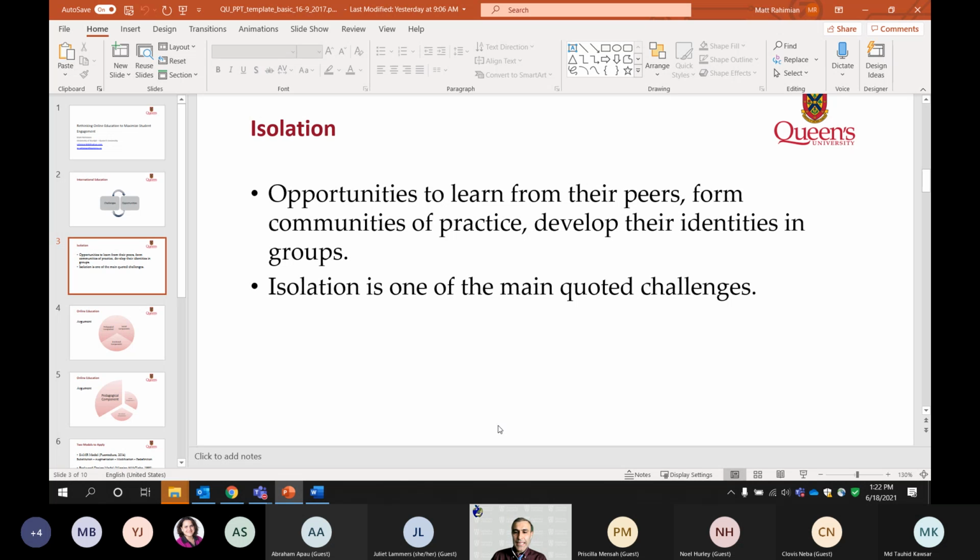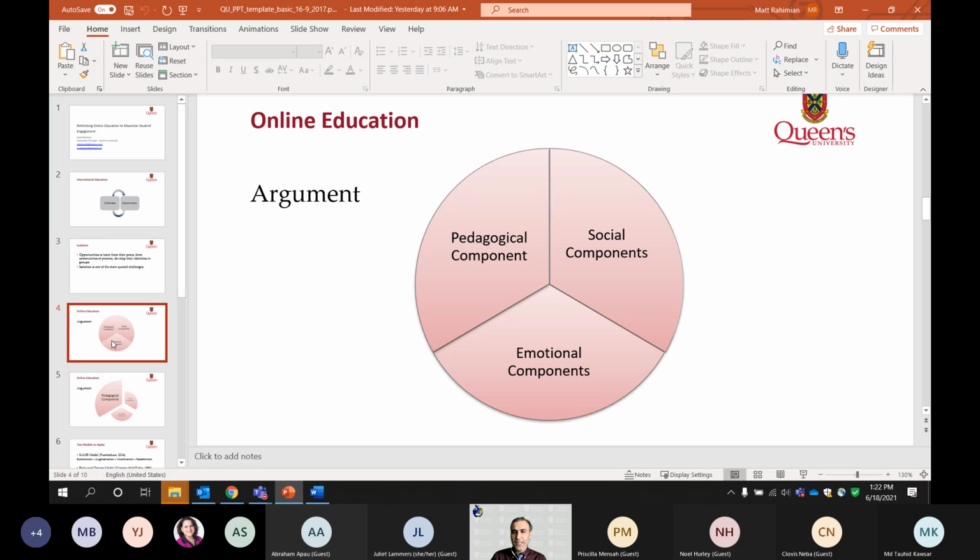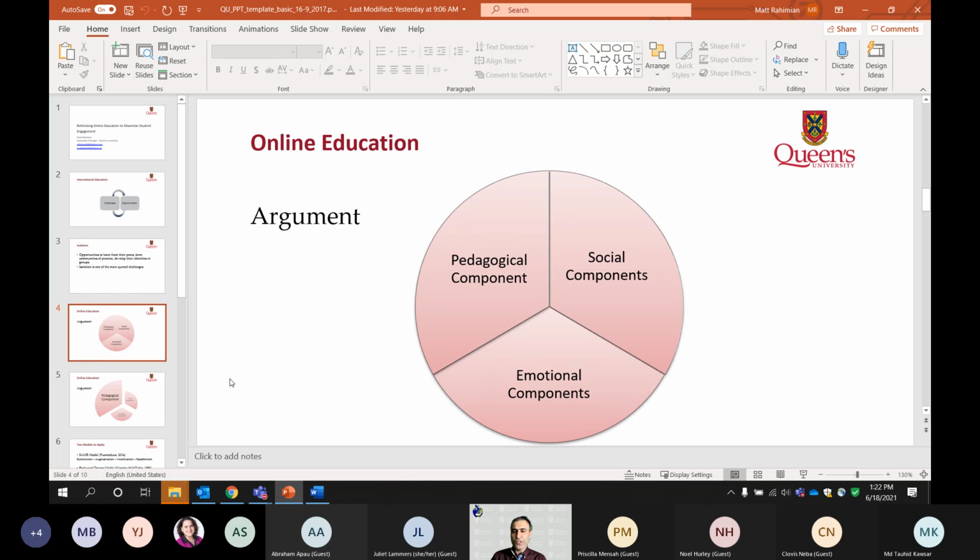developing their own identities. Now, the way I conceive online education, or this paper's main argument, is that in online education we need to consider three components: pedagogical content, social content, and emotional content.